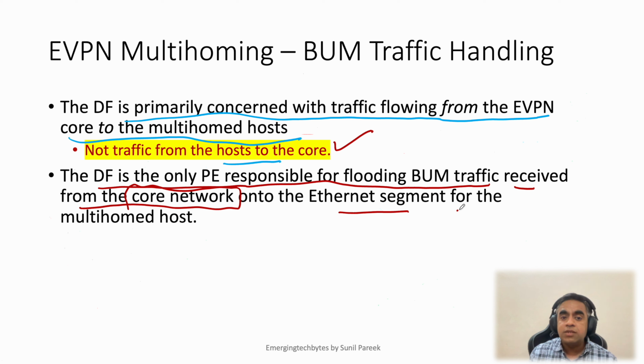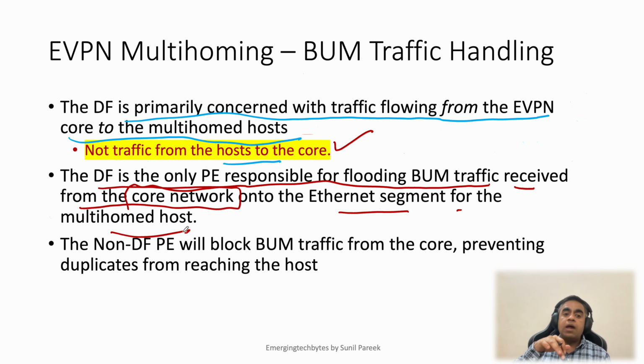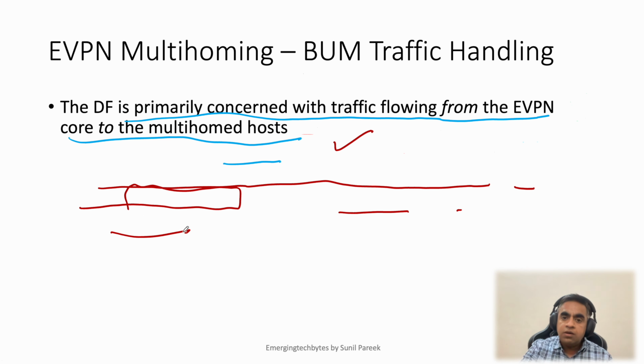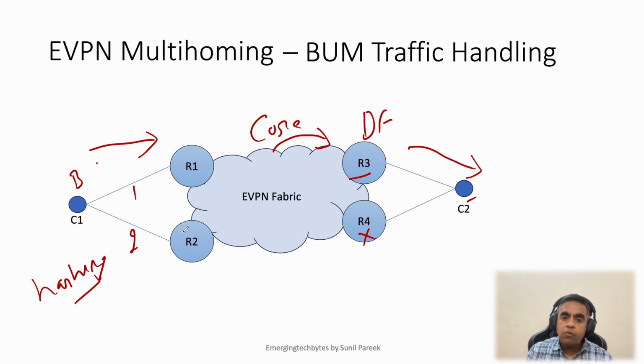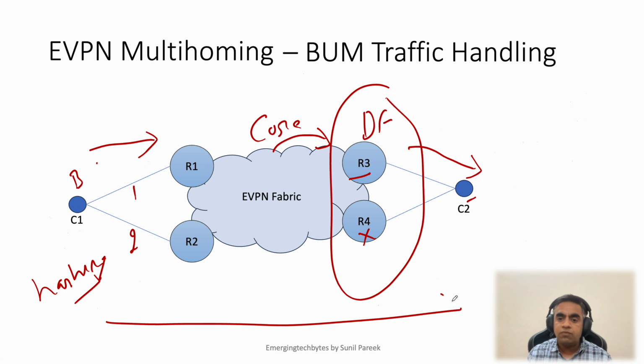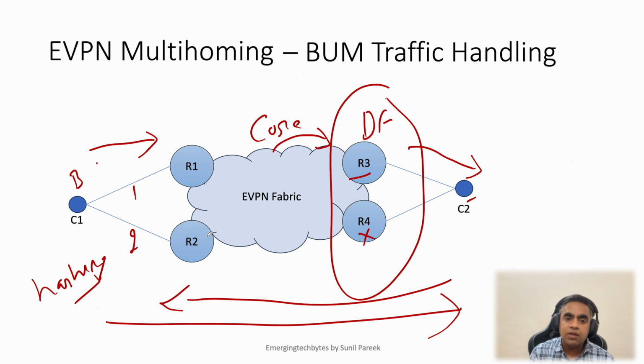Onto the Ethernet segment for the multi-homed host, in our case C2, the non-DF PE will block the BUM traffic from the core so that the end host does not get duplicate packets. So the DF only comes into the picture on this side if our traffic is flowing in this direction. If the traffic is flowing in this direction, then yes, you will have your DF here.